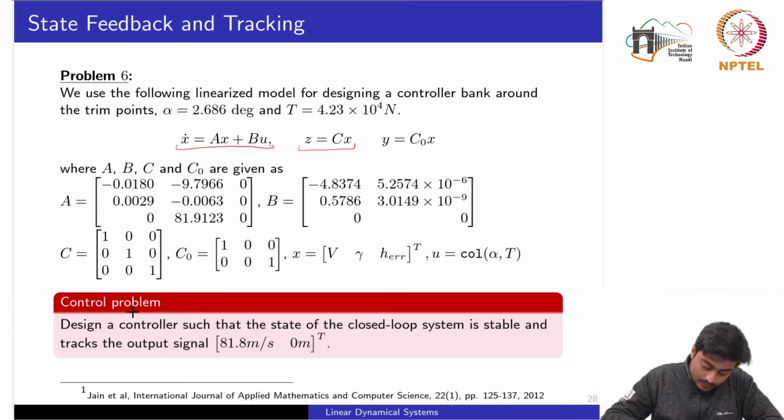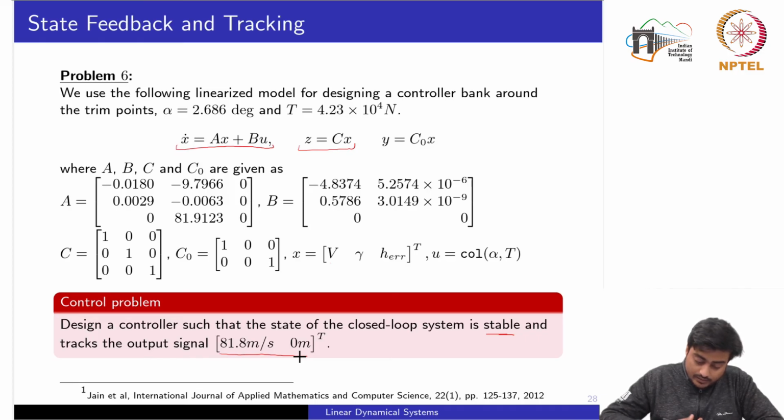So now the control problem becomes that we want to design a controller such that the state of the closed loop system is stable. This is the first objective, and tracks the output signal given by this. Okay, so we have two objectives: the stability of the closed loop system, and another, we want to track it.